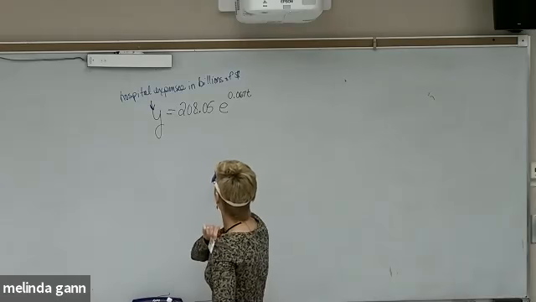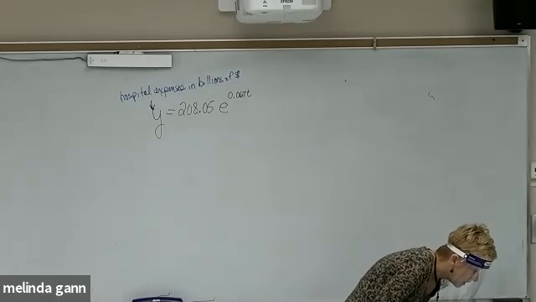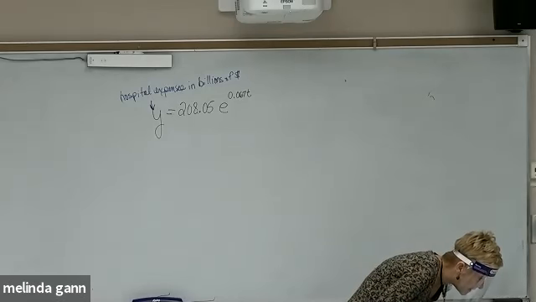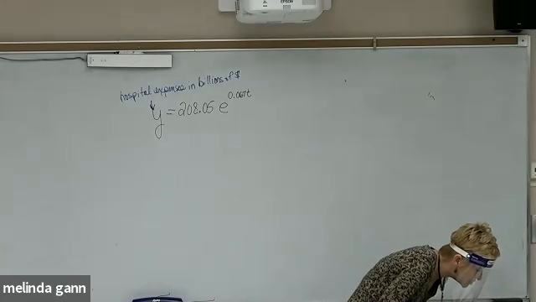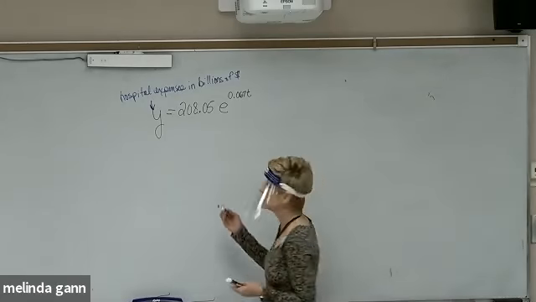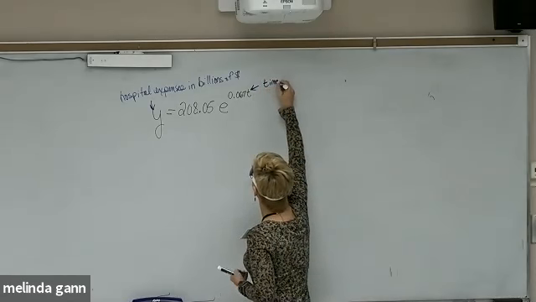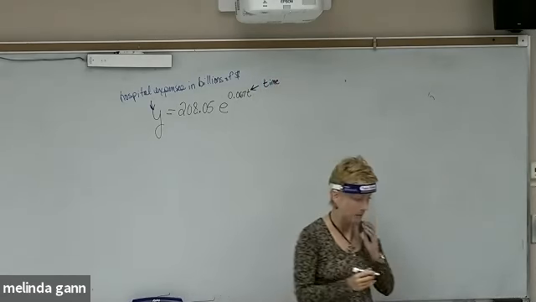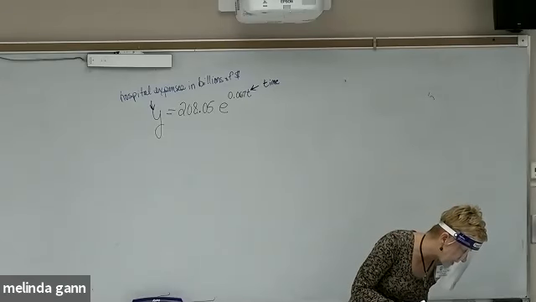Okay. Now, what's that t? It says use the model to estimate the year in which the hospitals reached about 610 billion, right? So do you understand that that t is your time? And then notice what it says in the problem.